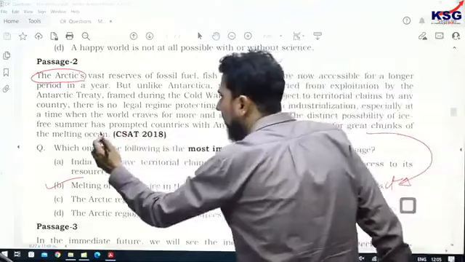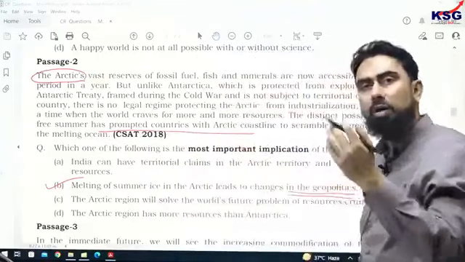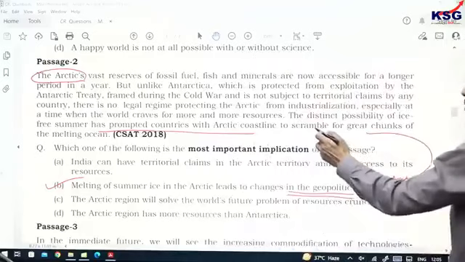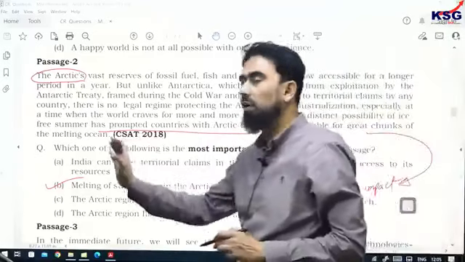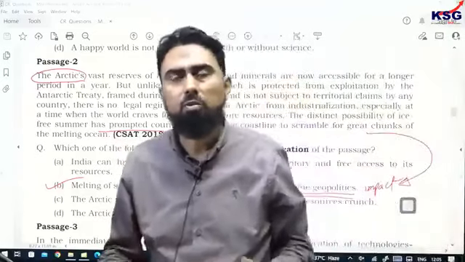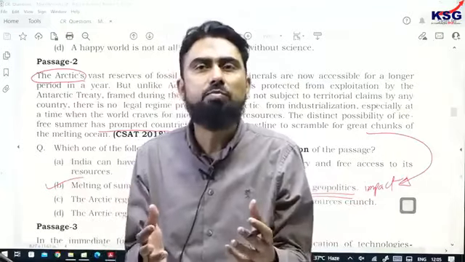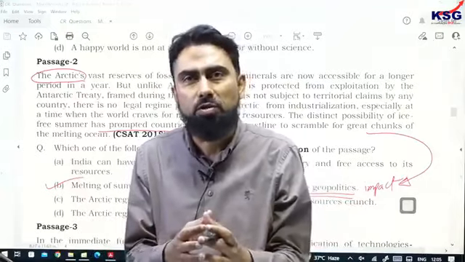Such countries that have Arctic coastline, it means the neighboring countries to Arctic region, to scramble for great chunks of the melting ocean. If they scramble for, it means they strive hard for a bigger chunk, then obviously it is bound to affect the geopolitics of these countries.